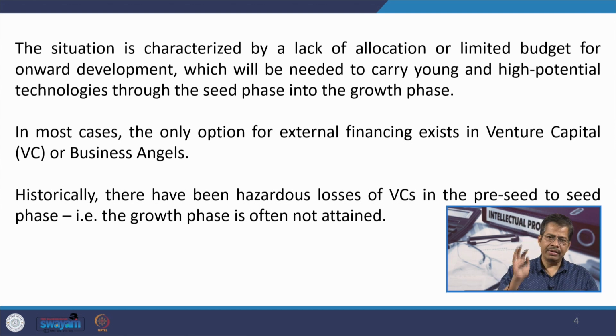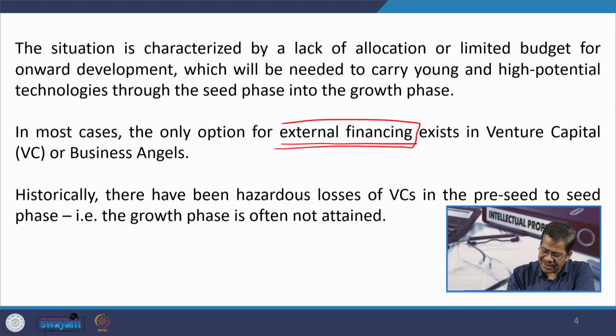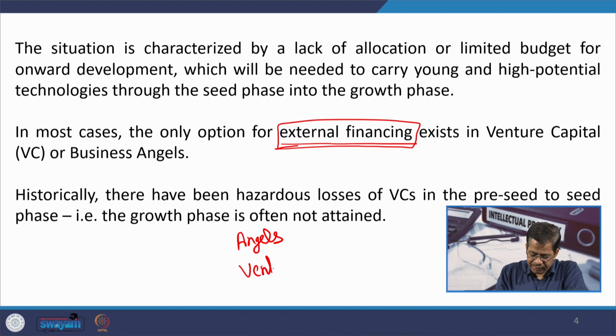And this is the issue, so we are now expecting some kind of external financing. This external financing is needed to solve this problem, and it may be in terms of angels, may be in terms of venture capitalists.